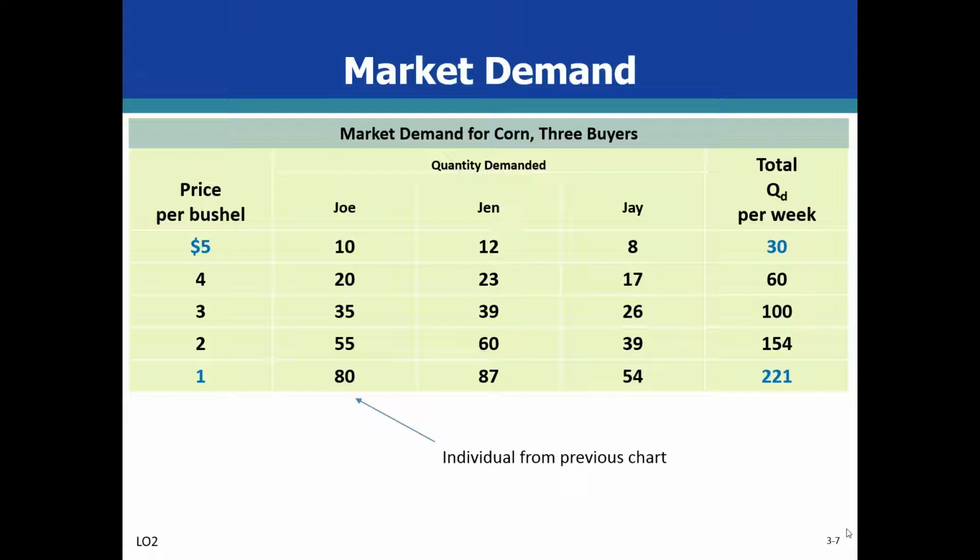We can see in the far right column and the initial column of the price per bushel that at $5 per bushel, the total market demands 30 bushels per week. And at $1, the demand goes up significantly to 221 bushels per week.